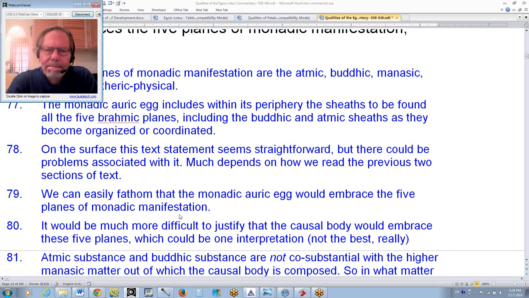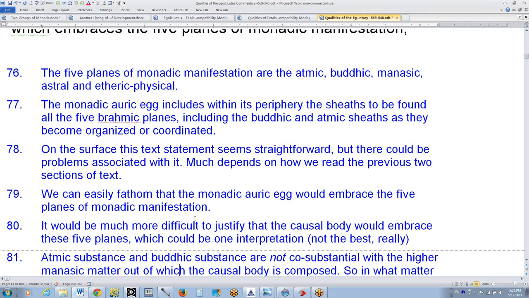Now I'm getting into some stuff here. Well, on the surface, this text statement seems straightforward, but there could be problems associated, so much depends on how we read the previous 2 sections of text. We can easily fathom that the monadic auric egg would embrace the 5 planes of monadic manifestation, okay? It would be much more difficult to justify that the causal body could embrace these 5 planes, which could be one interpretation. I don't think so. The causal body cannot really embrace 5 planes.